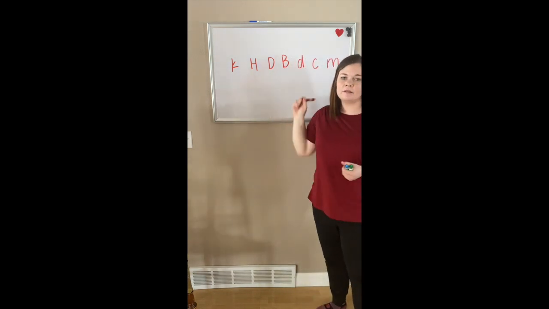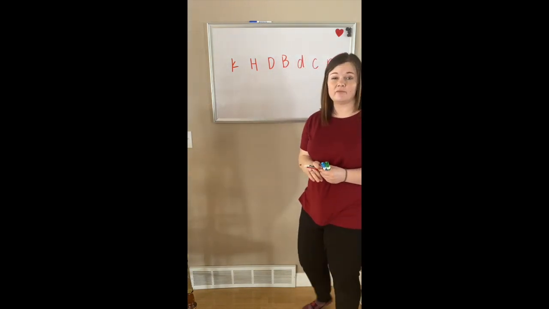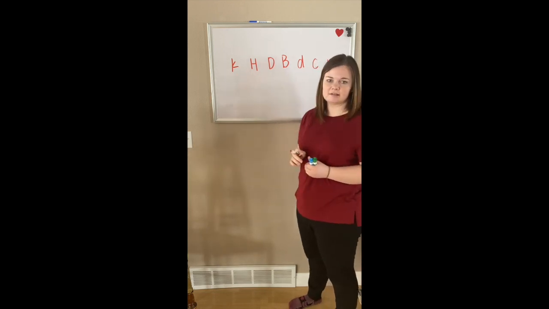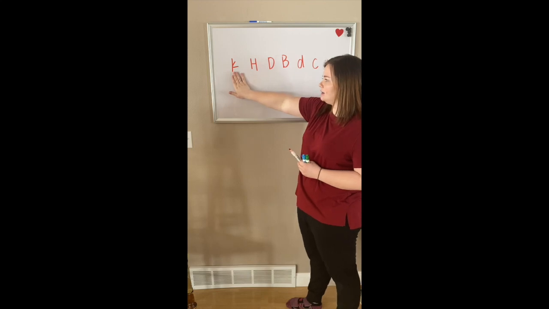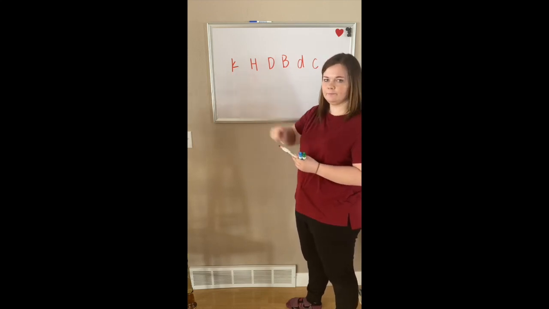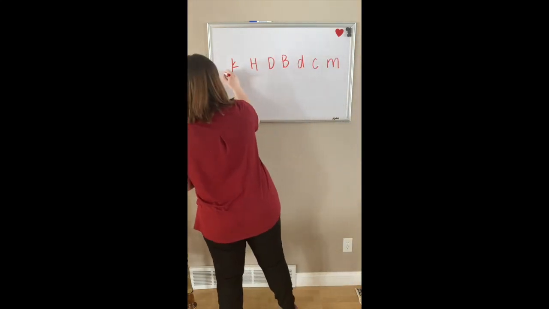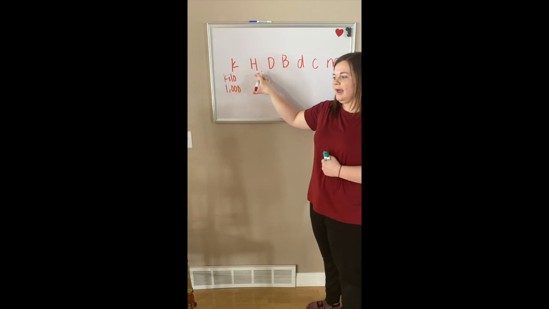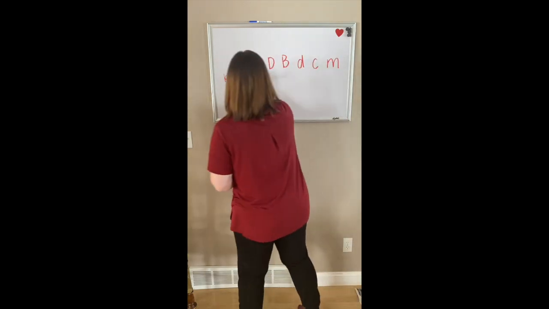These letters are all that you're going to need to remember in order to convert measurements. Let me explain a little bit about what each one means. The K stands for kilo, and it means 1,000. The H stands for hecto, and it means 100.